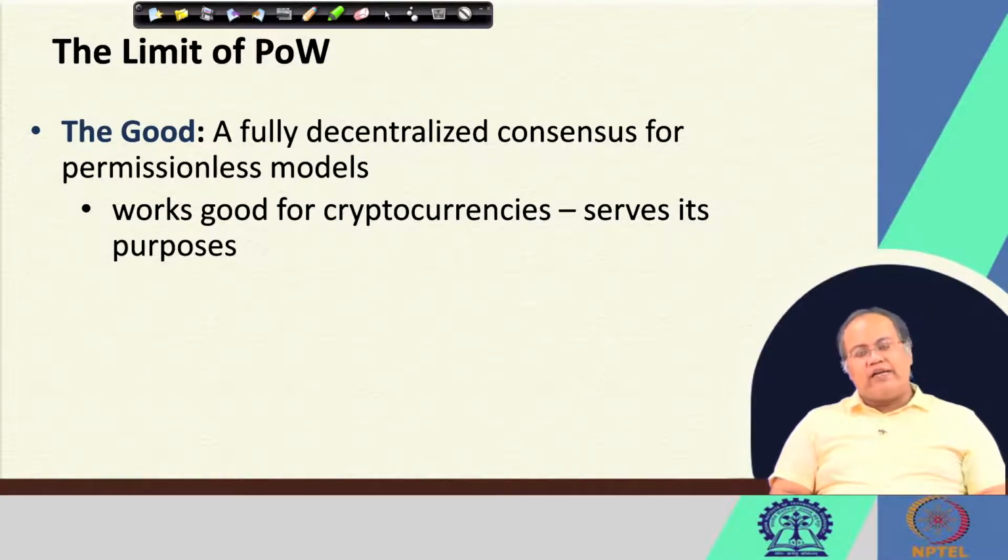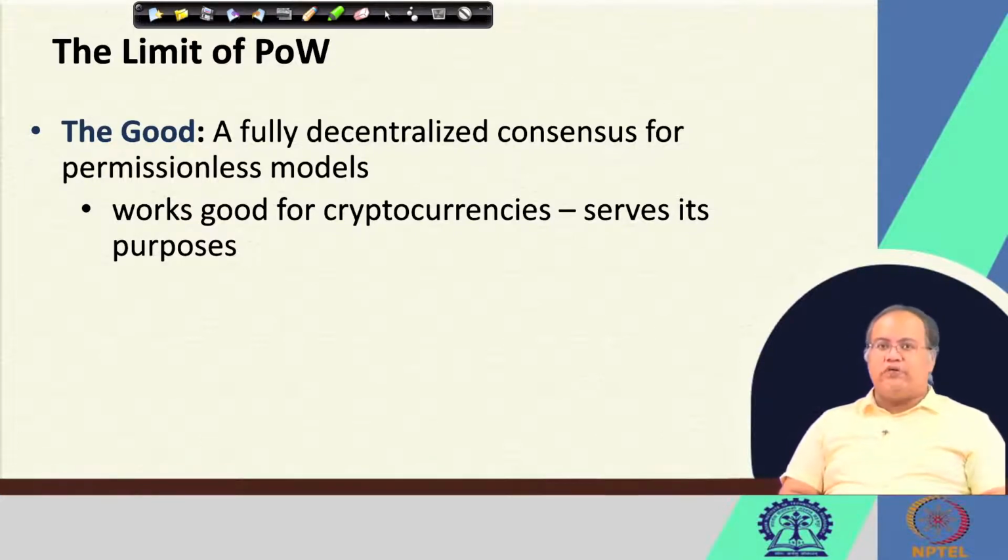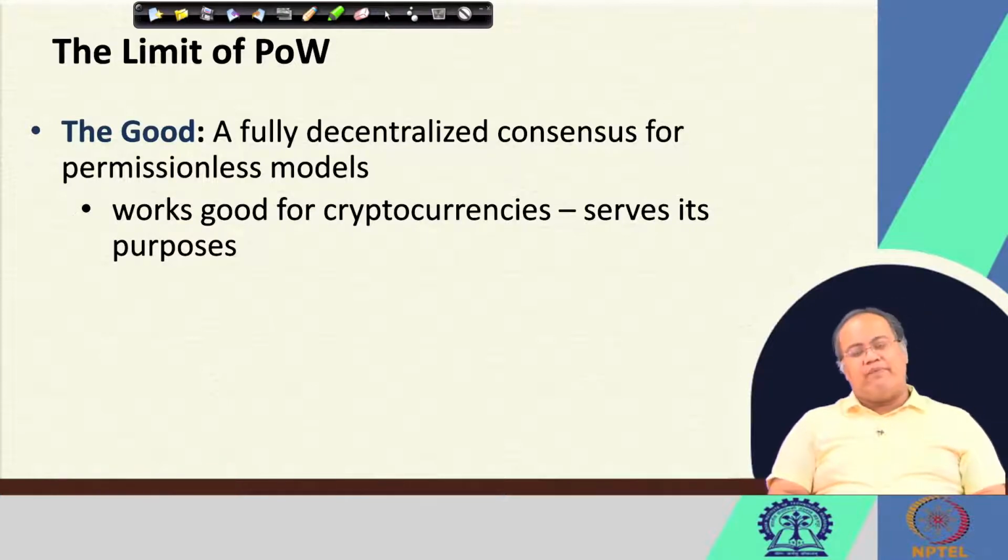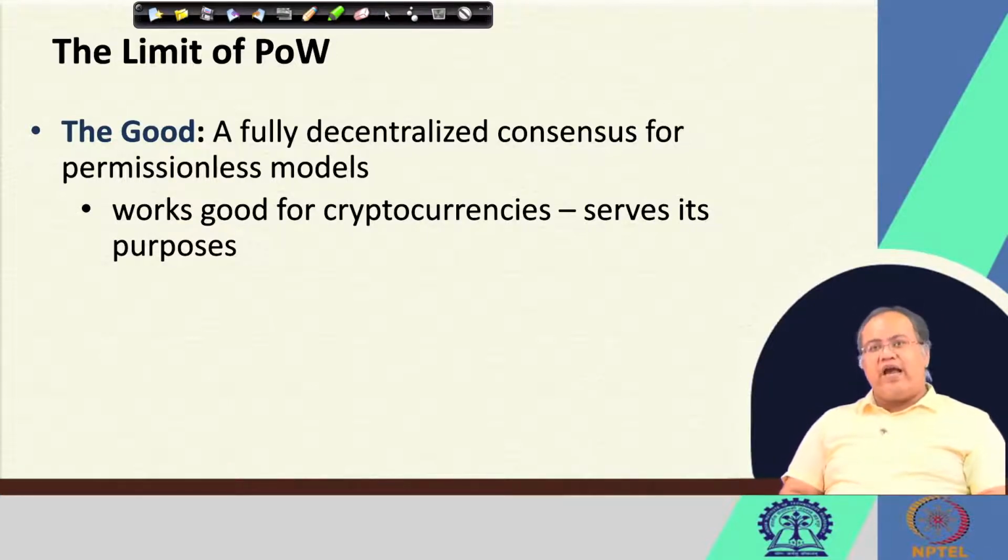Now, this kind of architecture works well for cryptocurrencies. At least it serves the purpose that was originally envisioned for the design of cryptocurrencies. It has been able to provide a free and open marketplace where people can trade with a currency that is under an entirely open environment.